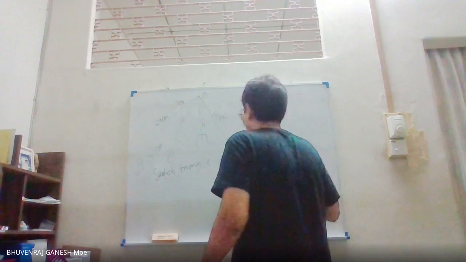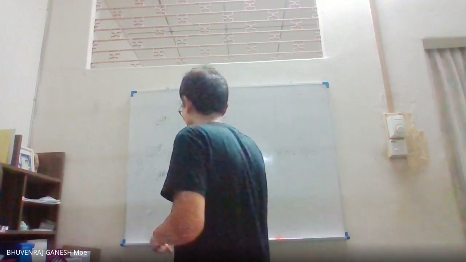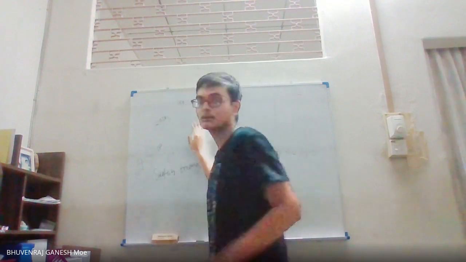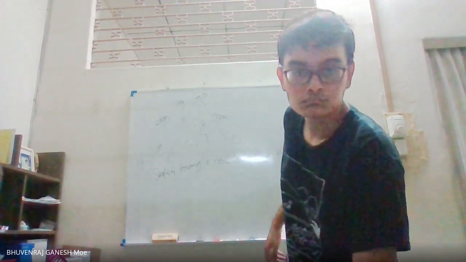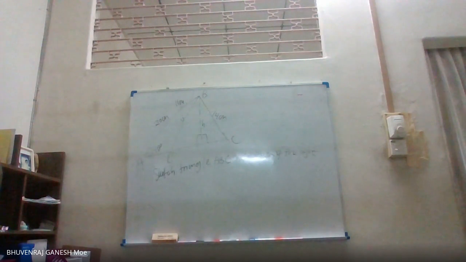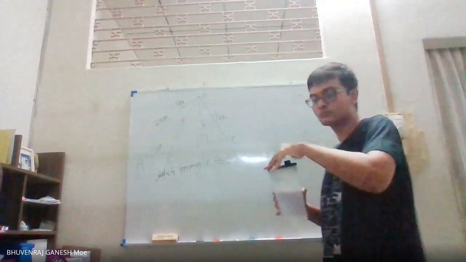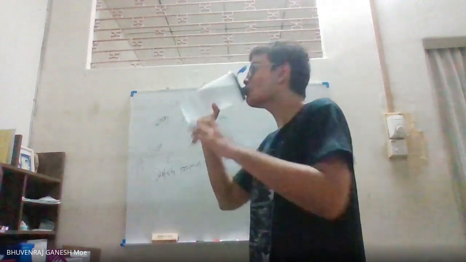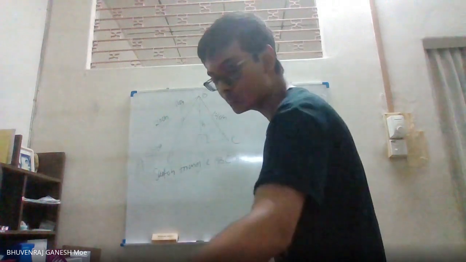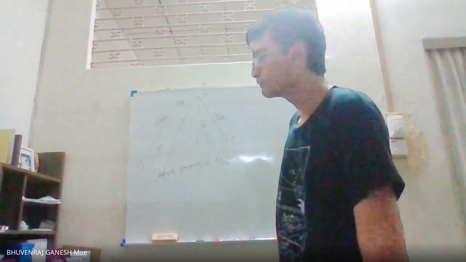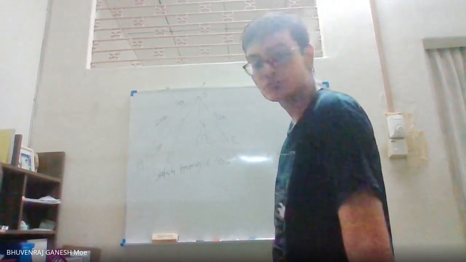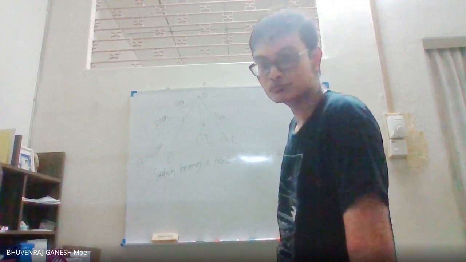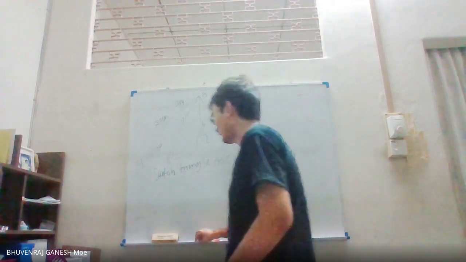Imagination skills. So sketch the triangle ABC on the right. So this is how we actually sketch it. So this is how the sketch looks like.